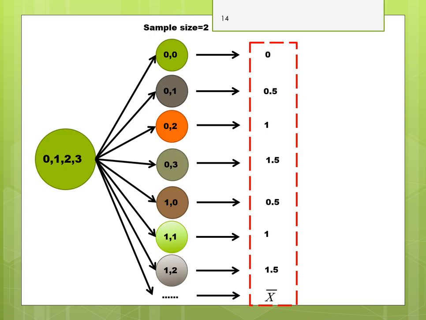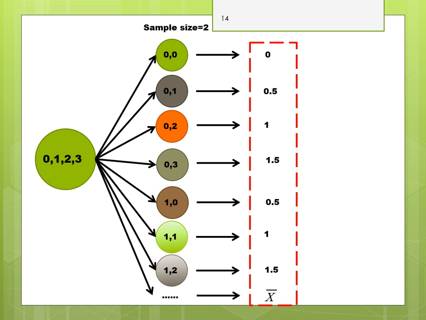And let's go back to this picture. Here, this population consists of 4 numbers, 0, 1, 2, and 3. And we also draw samples from the population with the same sample size. And we just mentioned that each time we draw 2 numbers from the population. So that means the sample size should be 2.